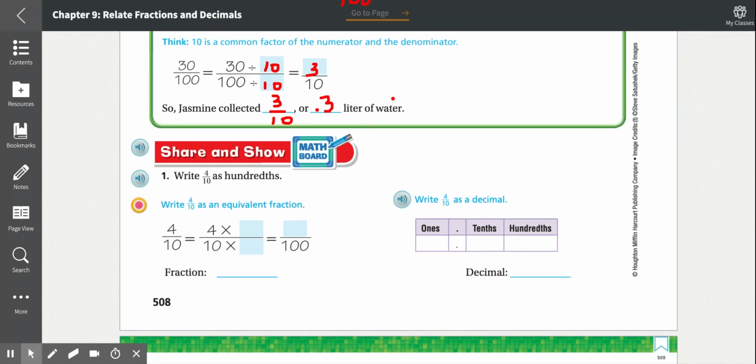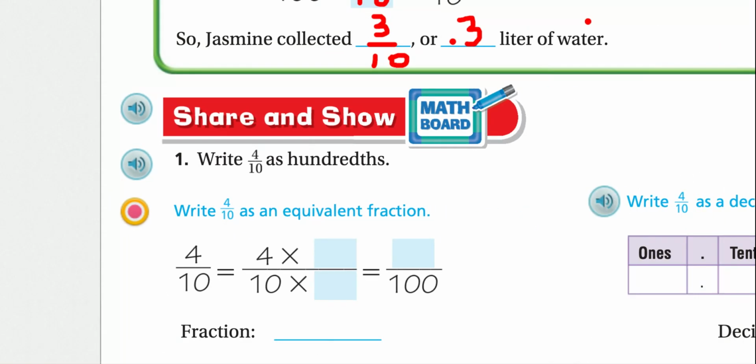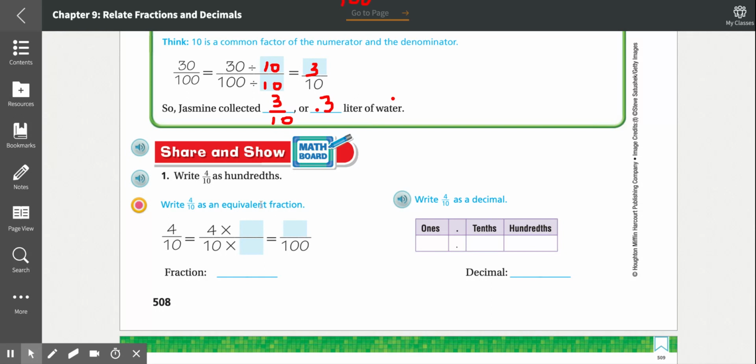The last one is a share and show. Write 4 tenths as hundredths. Write 4 tenths as an equivalent fraction. So we're going from tenths to hundredths. How do we go from tenths to hundredths? We need to find the equivalent fraction. 10 times what is 100?